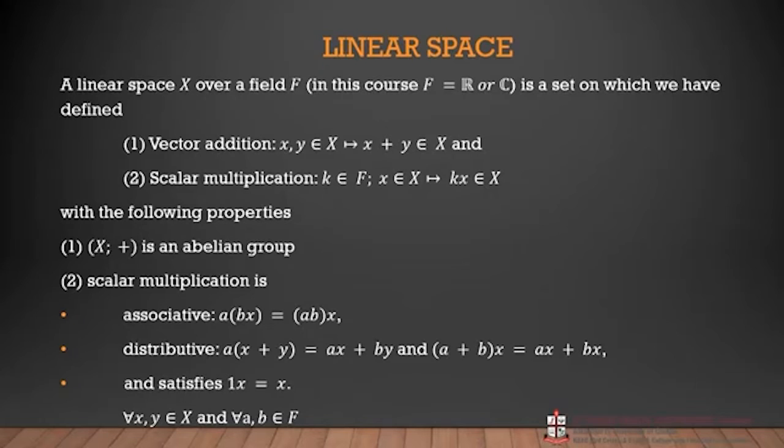If we multiply the sum of two vectors x plus y with a scalar a, then a times (x plus y) should be ax plus ay, and (a plus b) times x should be ax plus bx. And it should satisfy 1 times x is equal to x, for all x in X and for all a and b elements of F.